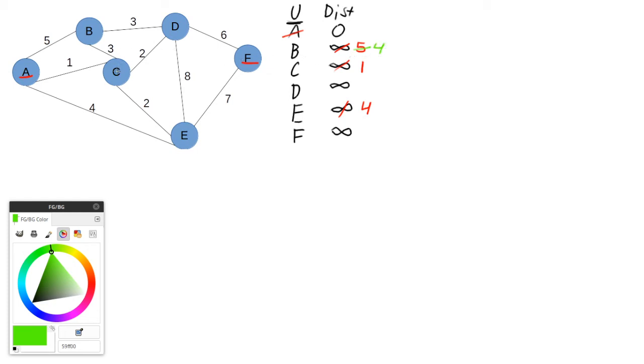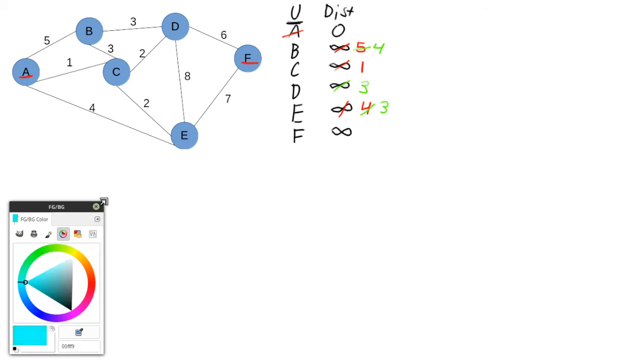And now let's look at the next neighbor, which is D. And so the distance to D from A going through C is 3. So we can change D's distance to 3. And last, let's look at C to E, and that distance is 3. And we had it at 4, which 3 is smaller, so we're going to update that to 3.